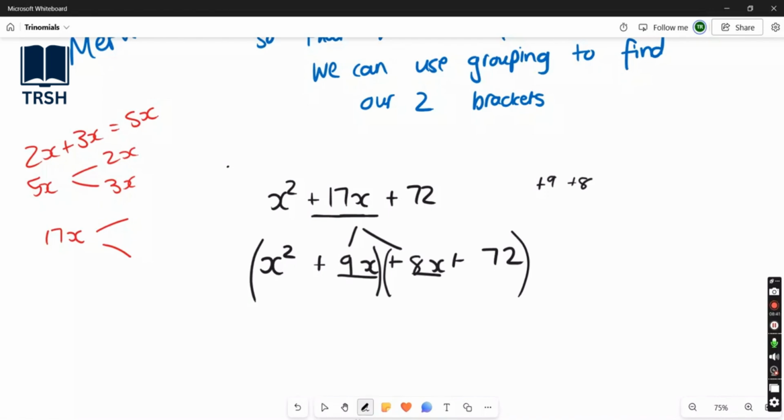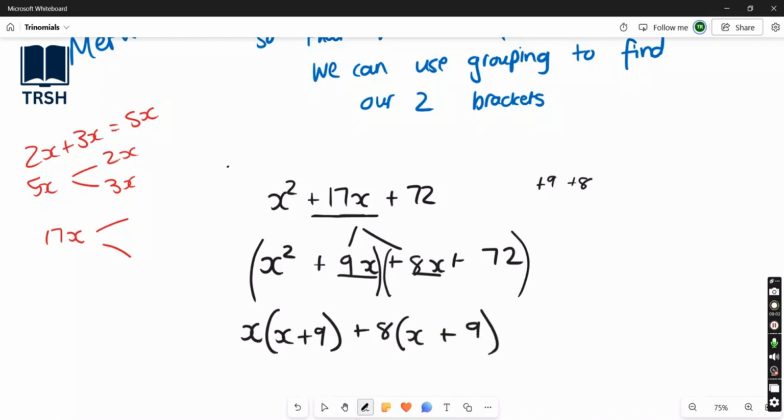So now in order to find our two brackets, we'll do the following. We take out x in the first group and we're left with x plus 9. In our second group, we take out 8 and we're left with x plus 9.